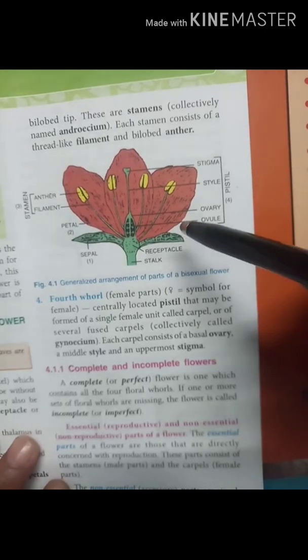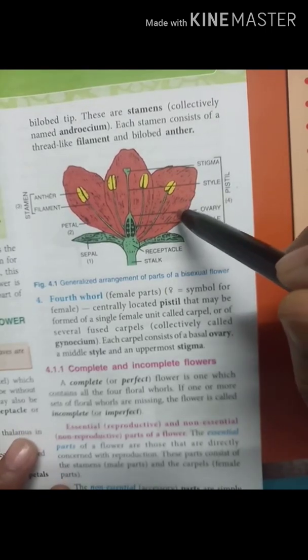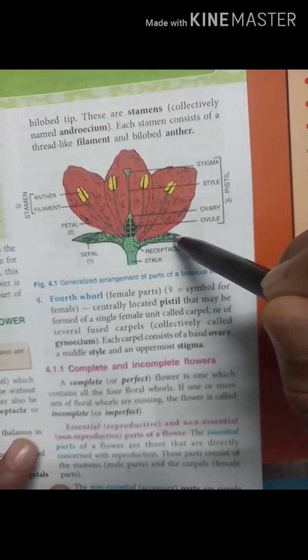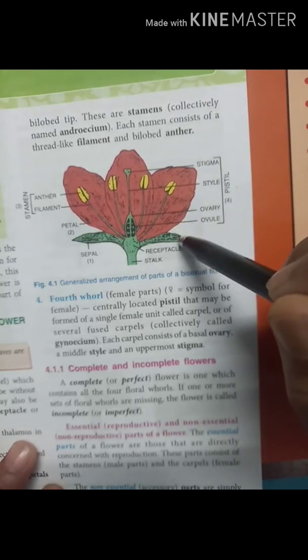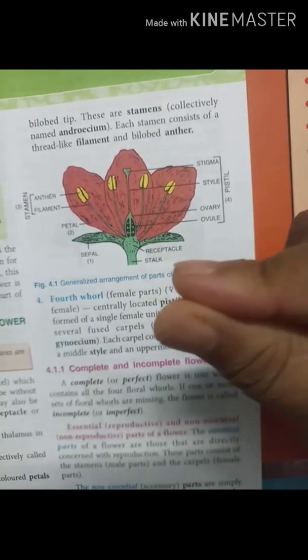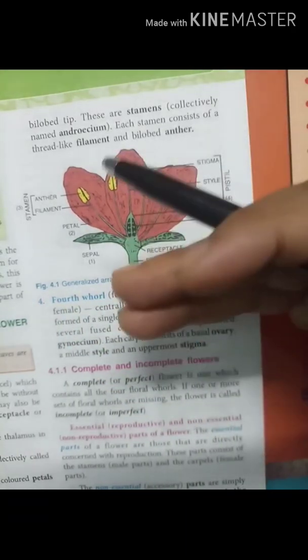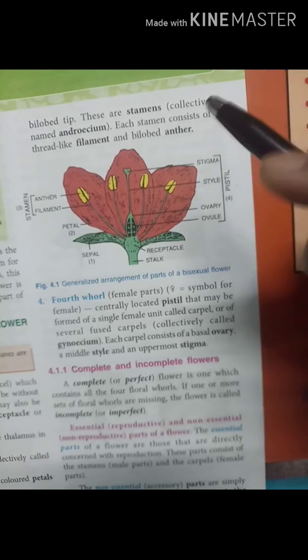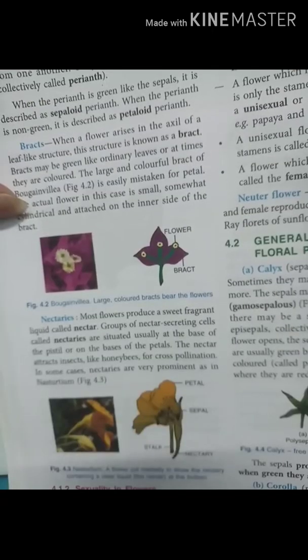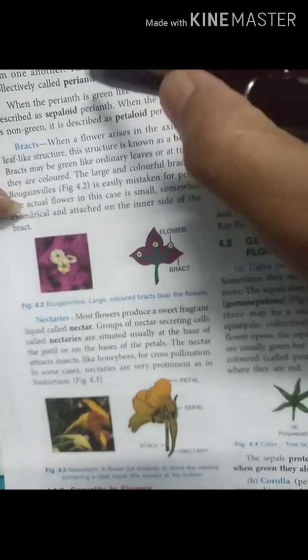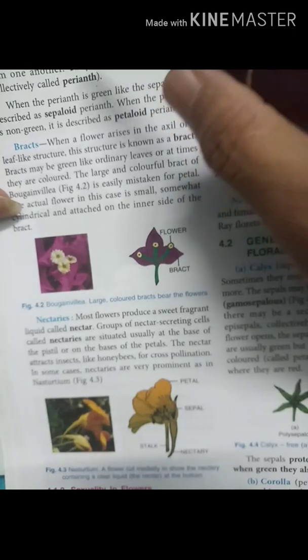Now another topic: perianth. If petals and sepals are fused with each other, and you are not able to differentiate between the two, such a structure is known as perianth.